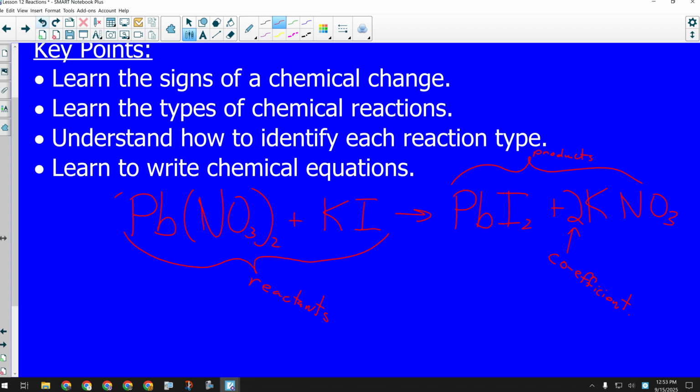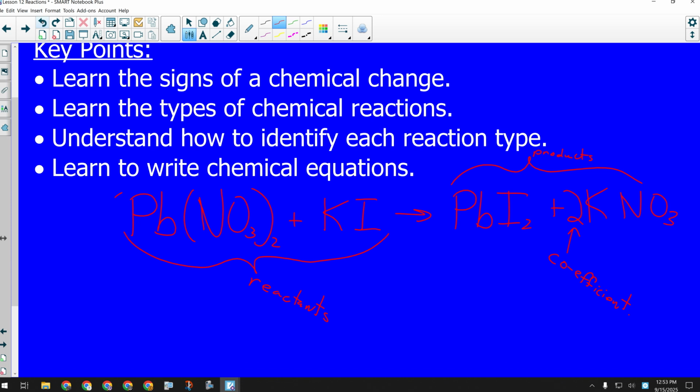I can change how much of it I have. So instead of having 1 molecule of potassium nitrate, which wouldn't be balanced, I just said I have 2. Now I have 2 nitrates on this side and 2 on this side. Why? This 2 also applies to the potassium, doesn't it?